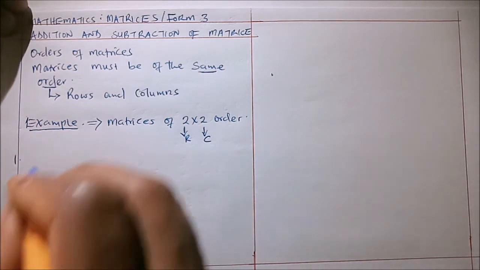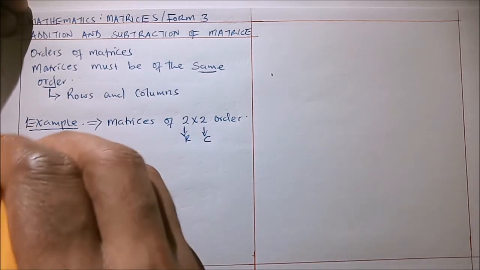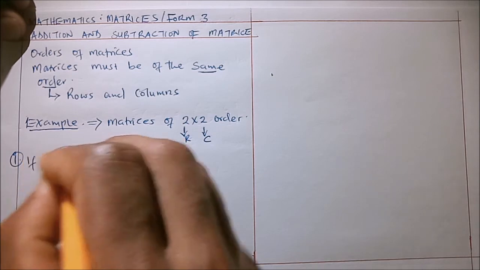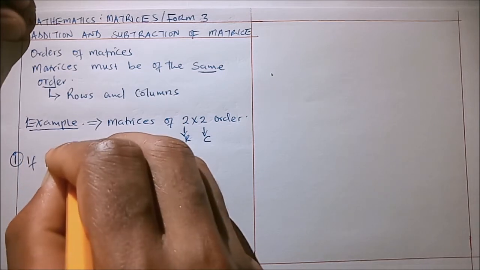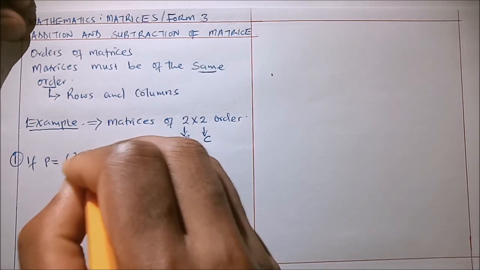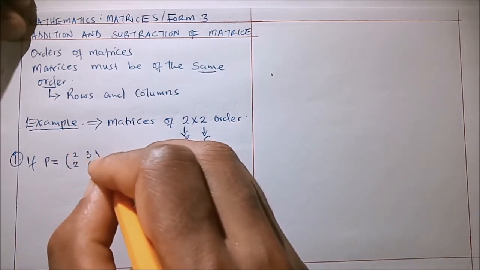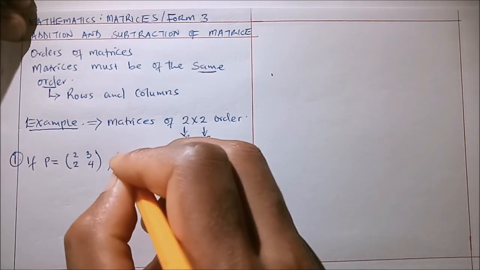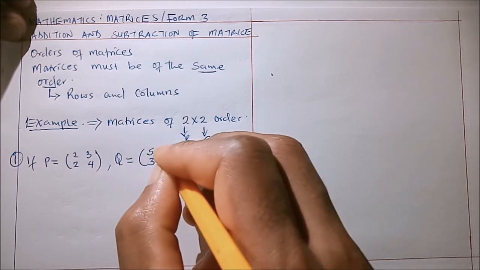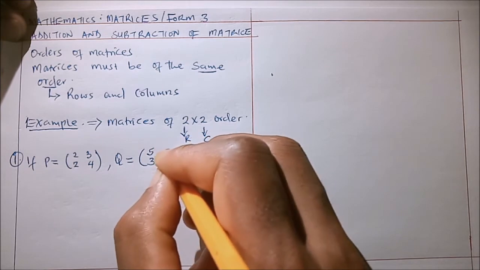Our very first example is that if P matrix is given by 2, 2, 3, 4, Q matrix is given by 5, 3, 2, 5.